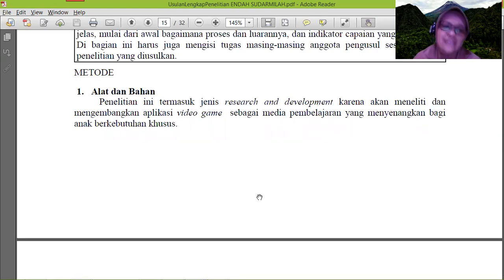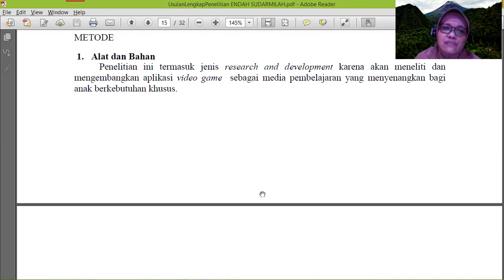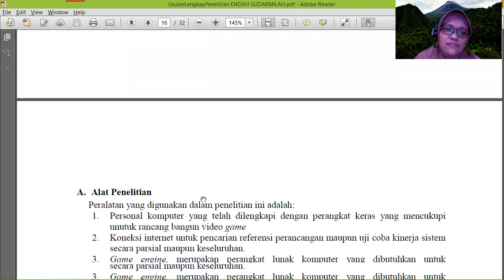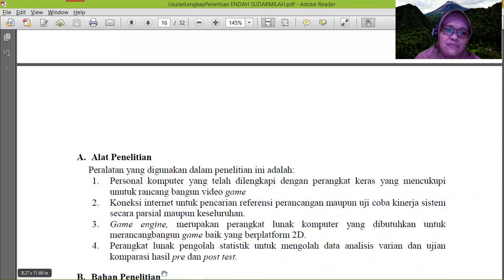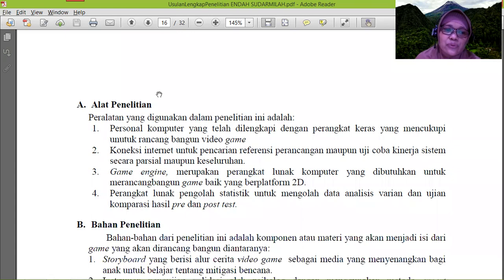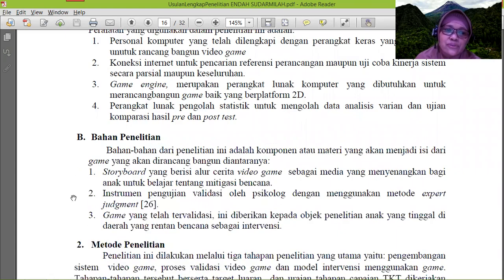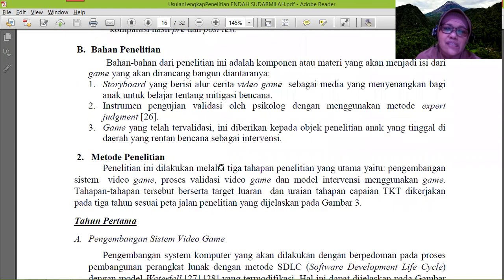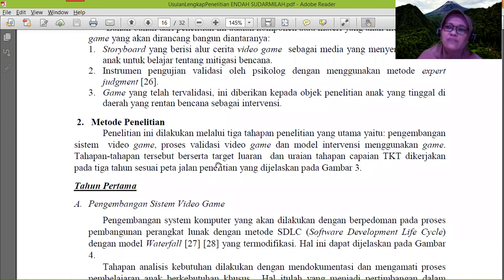So we must detail the tools that we will use in our research, and also the details of those tools. Bu Endah also details the step by step, because her research proposal is for multiple years.